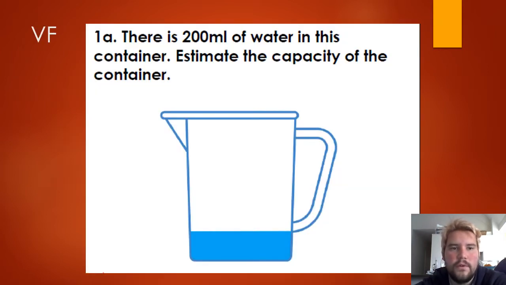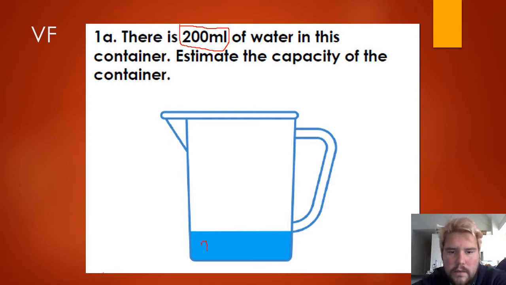Okay, so for question 1a, there is 200 milliliters of water in this container. Estimate the capacity of the container. First of all, let's put a circle around 200 milliliters. That way we know how much this is.